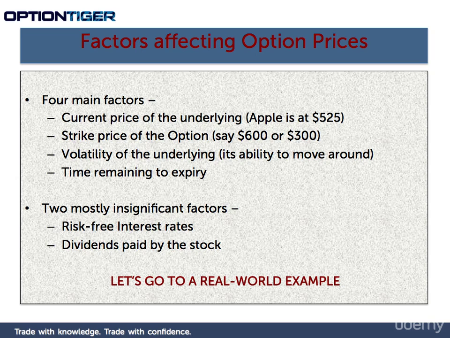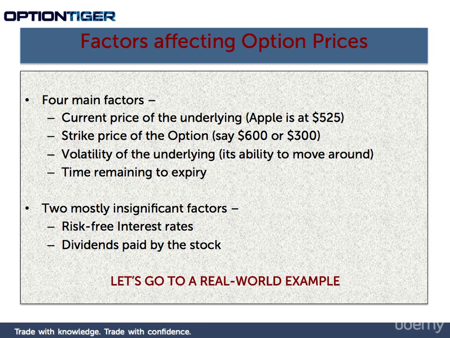The volatility of the underlying stock. We took the example of IBM and Netflix in the call options course. It's the same here. If you're talking about a volatile stock like Netflix, then its ability to move around and hit certain strike prices is much more than a stock like IBM, which is generally considered a stable stock.